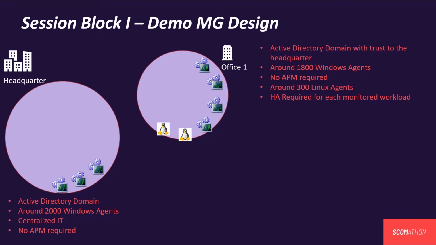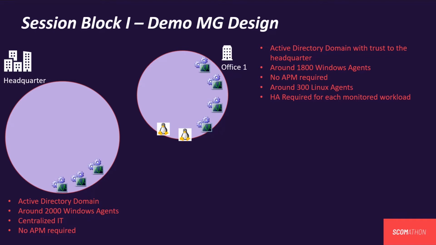But now let's see, we also have Office 1, which has its own domain and has a trust to the headquarter. In this Office 1 location, we have around 1,800 agents. We don't require application performance monitoring here. We also have 300 Linux agents.